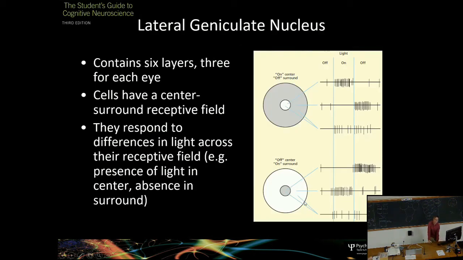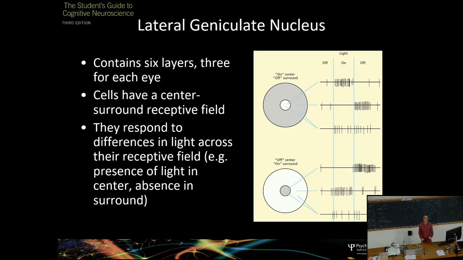So on the way from the eye to the brain, there are way stations that help to process information. Your lateral geniculate nucleus cell bodies carry information from the eye to the brain and have this particular property. A receptive field is just the area of space that a neuron responds to.